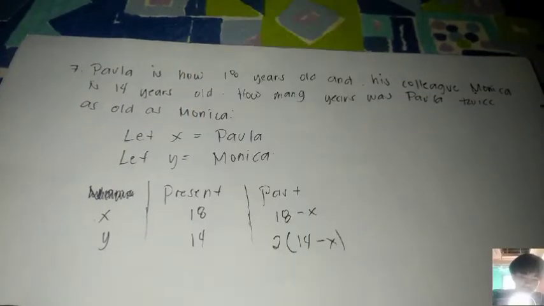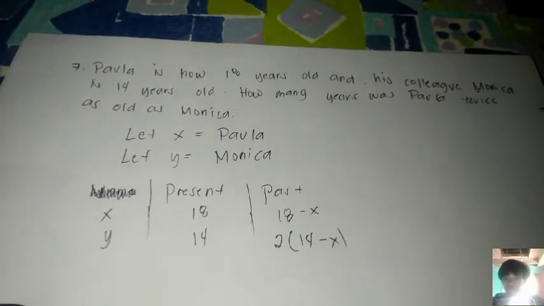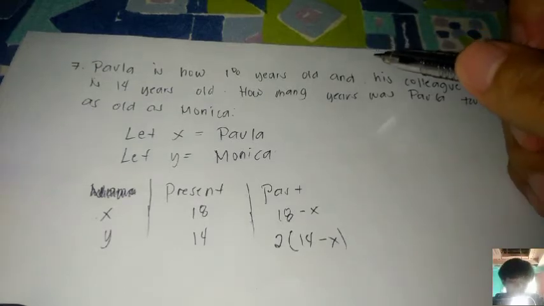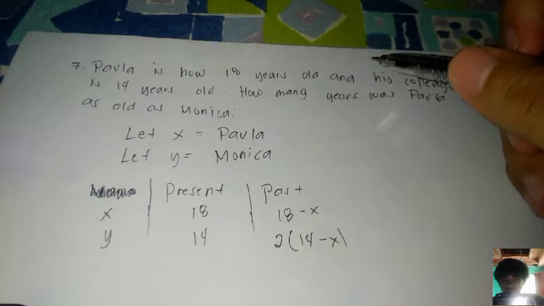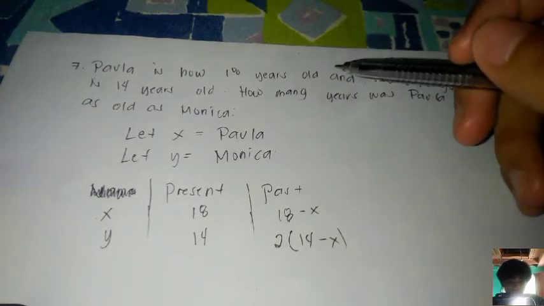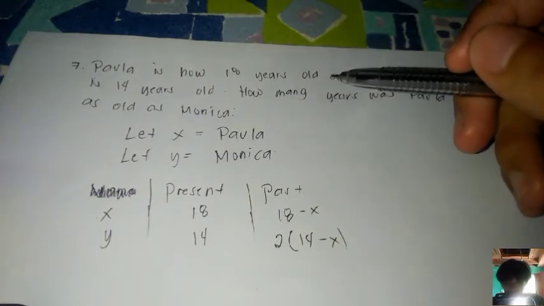Here, number 7. Paula is now 18 years old. Monica is 14 years old. How many years ago was Paula twice as old as Monica? So we have here that x is equals to Paula and let y equals to Monica. And we have a table that represents the present and the past.